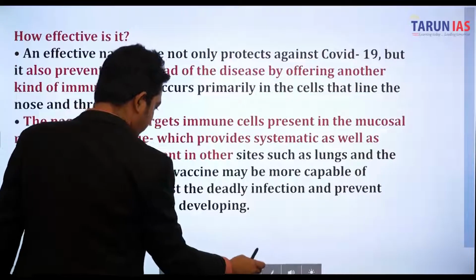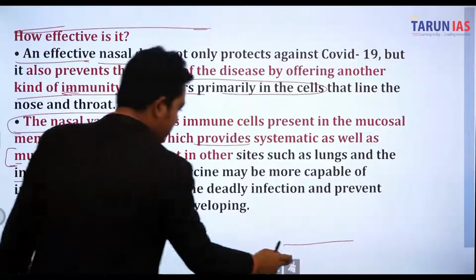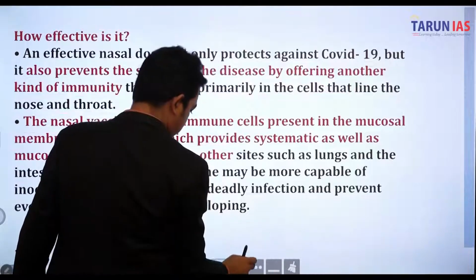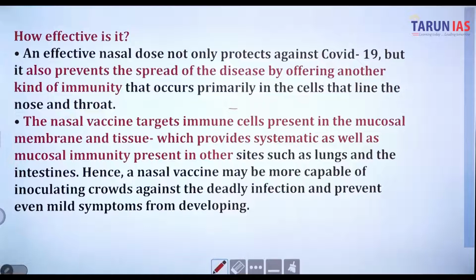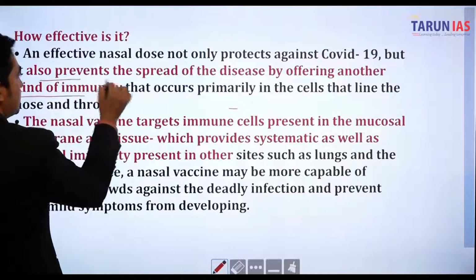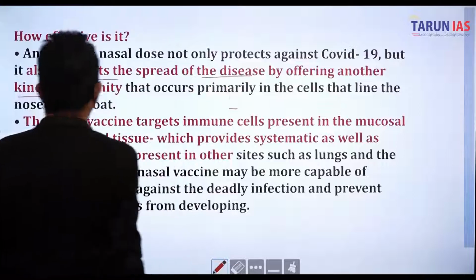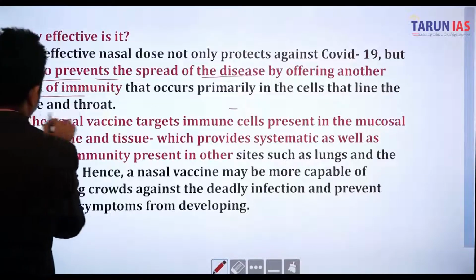How effective is it? An effective nasal dose not only protects against COVID-19, but also prevents the spread of disease by offering another kind of immunity that occurs primarily in the cells that line the nose and throat.